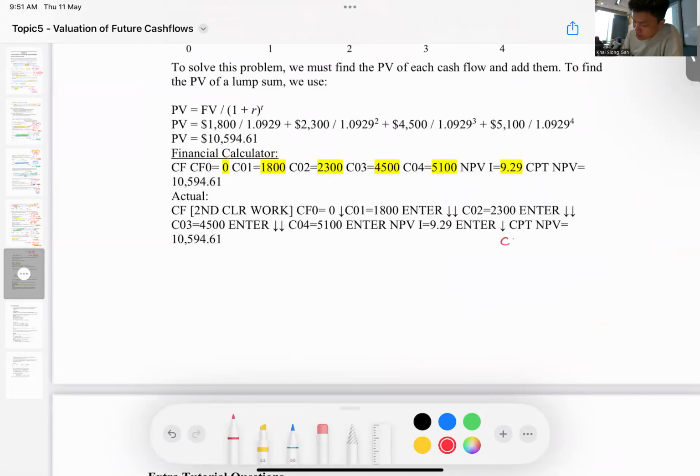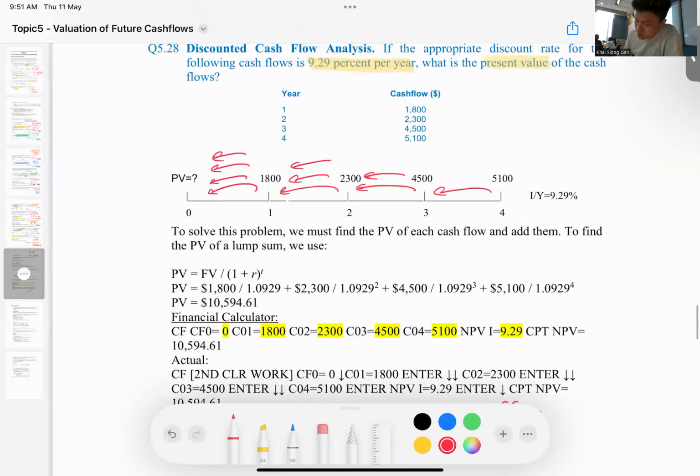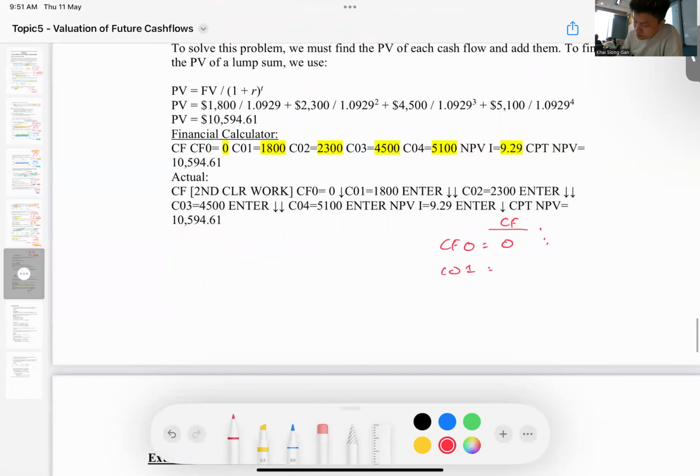Use cash flow methods. So CF0 equals 0. C01 equals 1008, frequency is 1.